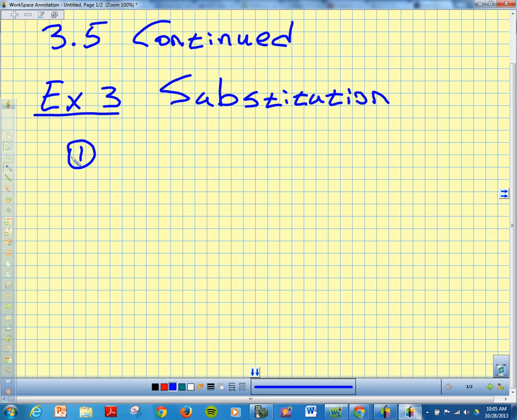Let's go. So first equation is like this. Second equation is like this.